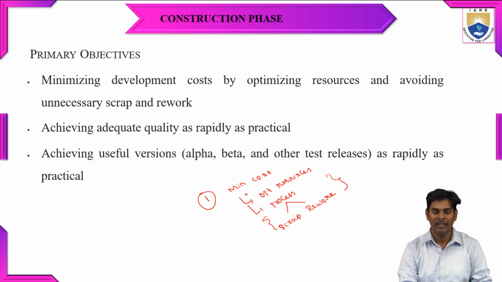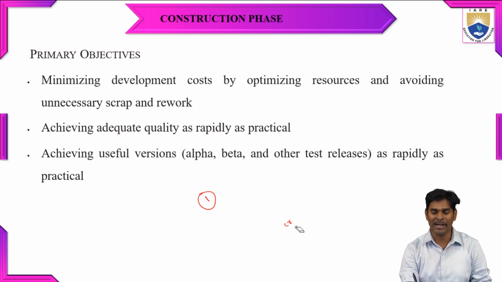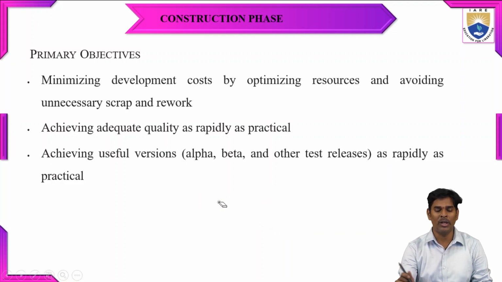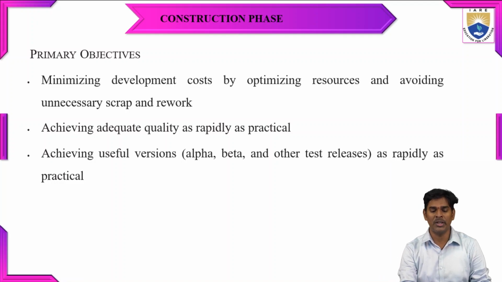then the cost will be minimized here. Okay, and the next one is that the ultimate goal for any software project is that they need to provide adequate quality. So, for practicality, they need to improve the quality of the software project. And the next one is they need to use useful versions, because initially when they release any software product, later on they are going to release different types of versions. We can call them alpha, beta, or other test releases.